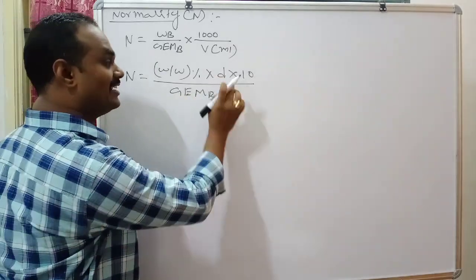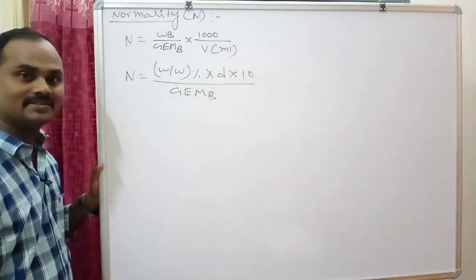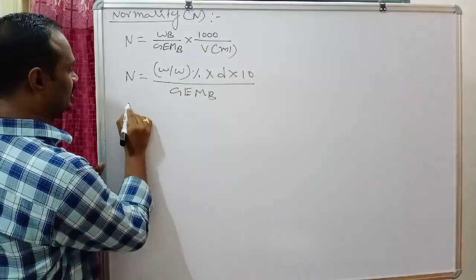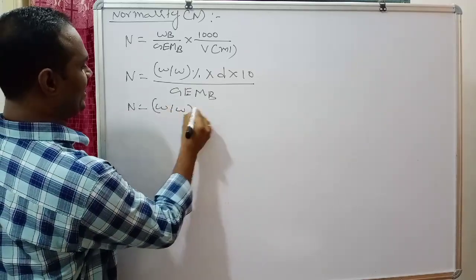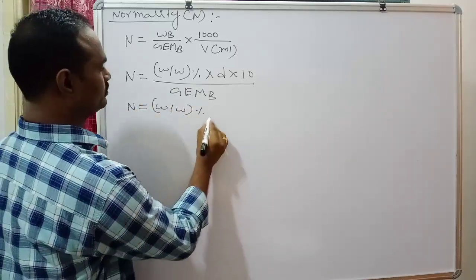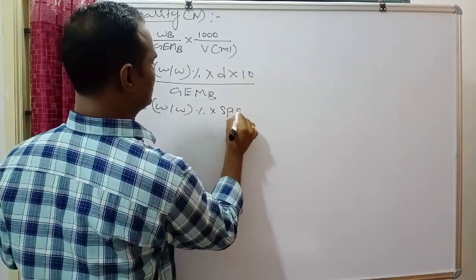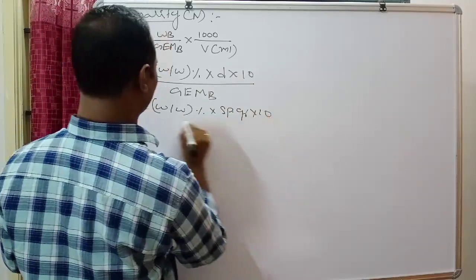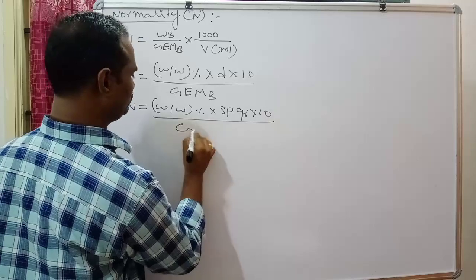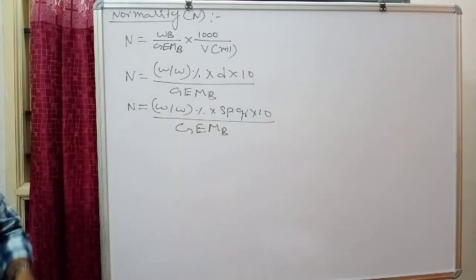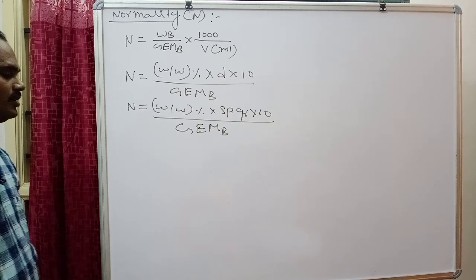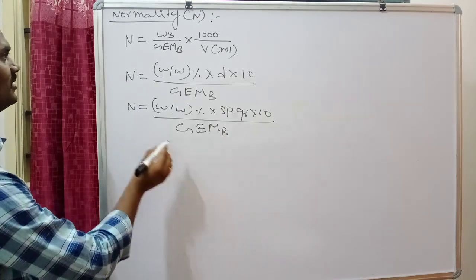Sometimes instead of density they will provide specific gravity. One more formula: mass percentage into specific gravity into 10 by gram equivalent mass of solute. This is the normality formula.